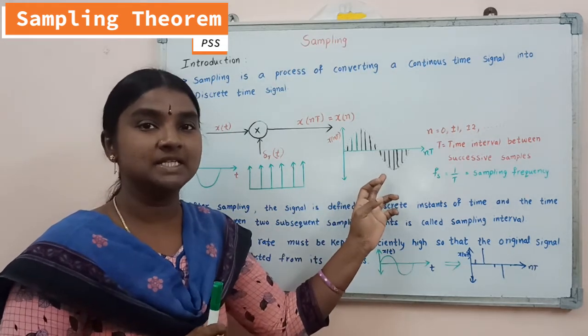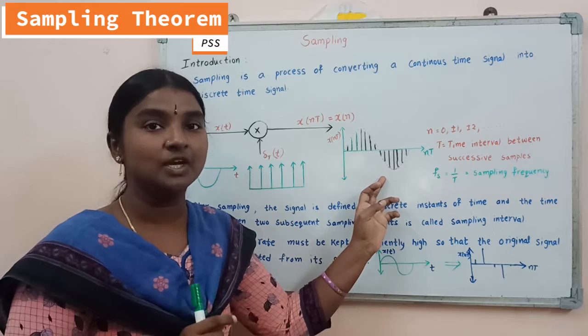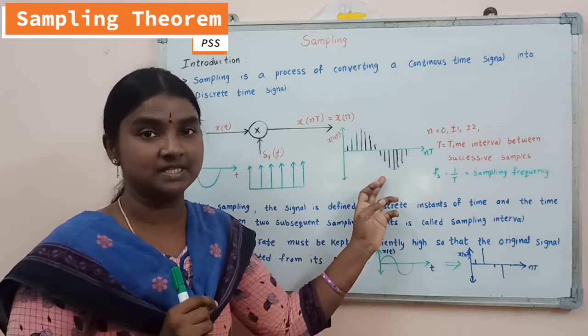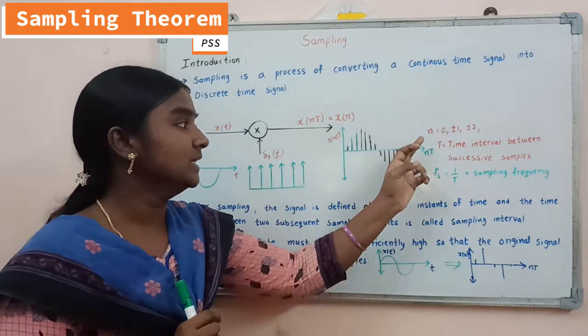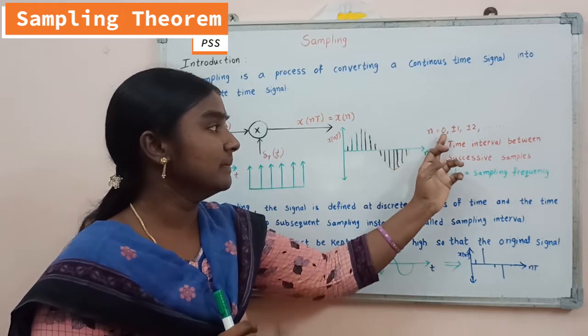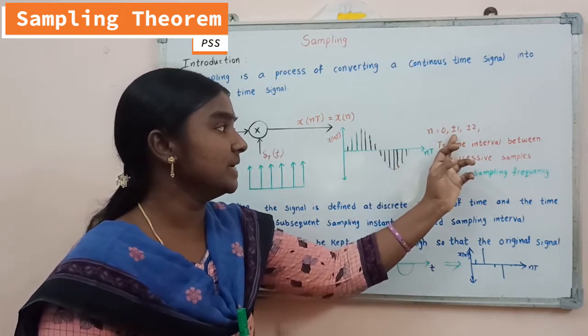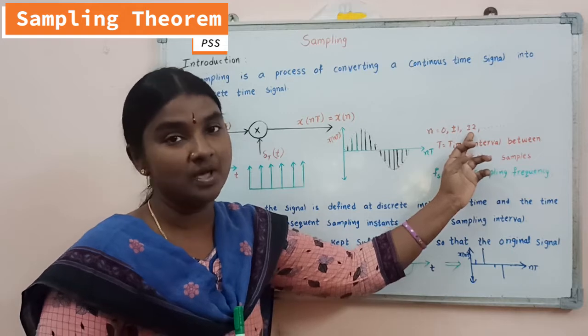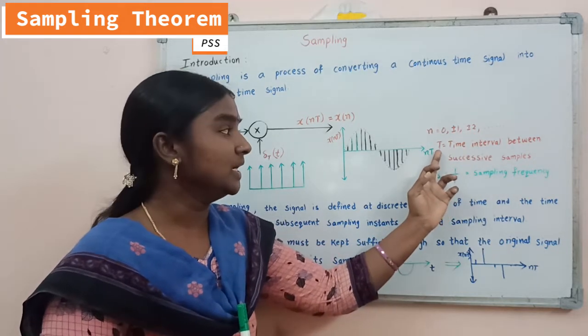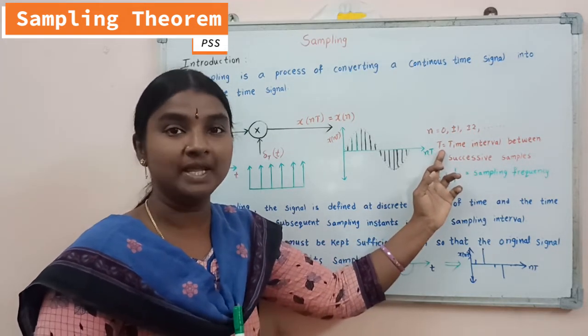That means this discrete time signal is defined at discrete instances of time. Here n will be integer numbers like 0, plus or minus 1, plus or minus 2, and so on, and capital T shows the sampling interval.